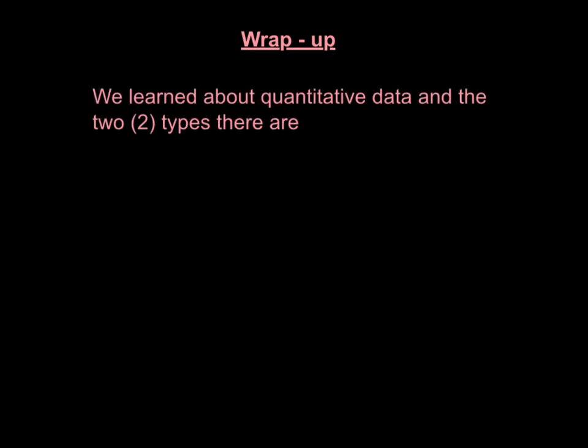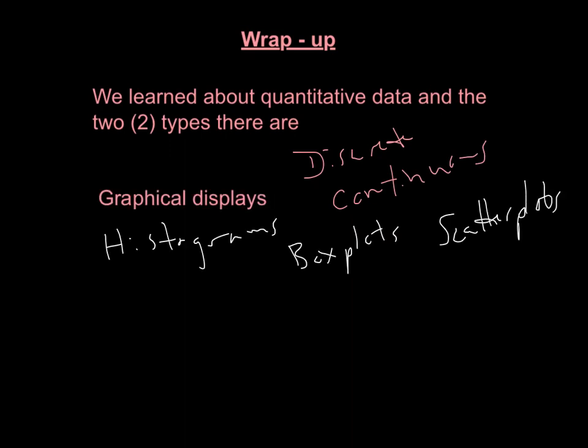So in wrapping this up, let's just take a quick look at what just happened. We learned about quantitative data and the 2 types that there are. Remember, the discrete and continuous. We also discussed graphical displays. We focused on histograms, but soon to come, box plots and scatter plots.